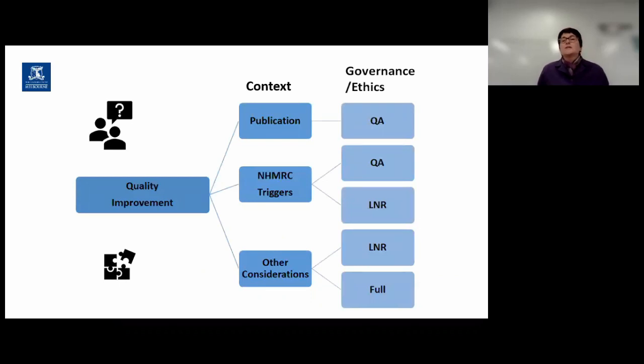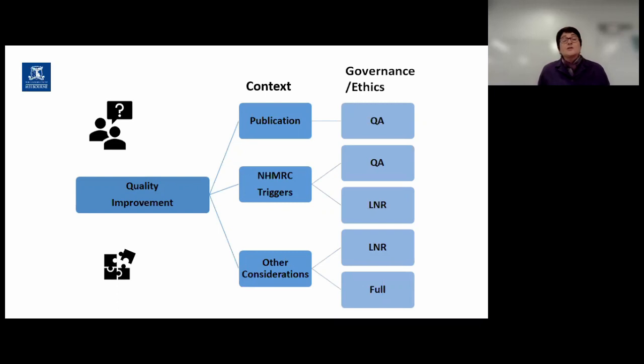So just thinking about how that might look within a framework, you have your quality improvement or quality assurance activity that you're undertaking. If you decide there is a context where you would like to publish that information or present it at a conference, then you really should go for a level of governance and ethical review within your organisation.